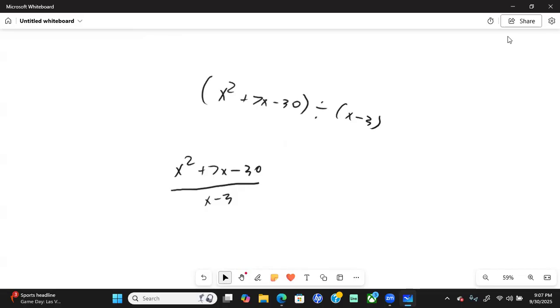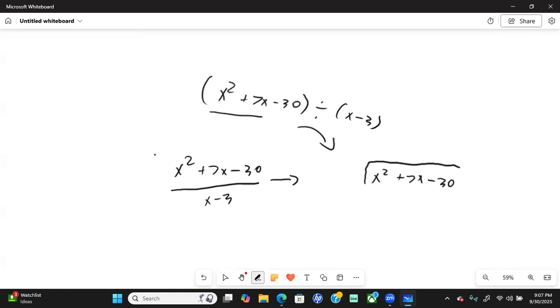Now, what do I do next? I rewrite it in long division form. X squared plus 7x minus 30. And if you think you could go straight from this to this, go on ahead. I just like visualizing it like this first. That way I can easily write it like this.